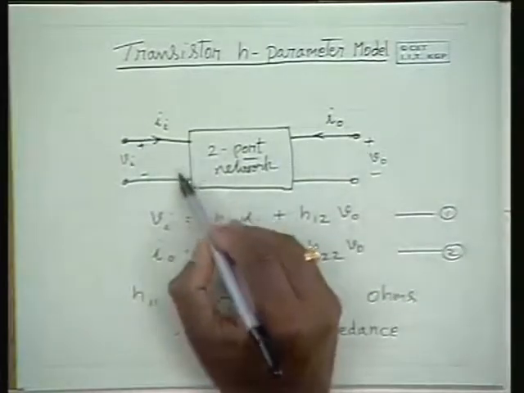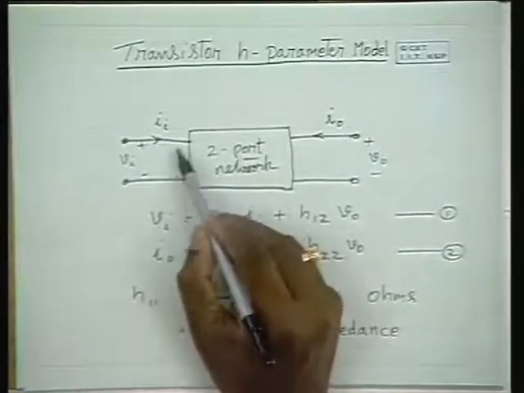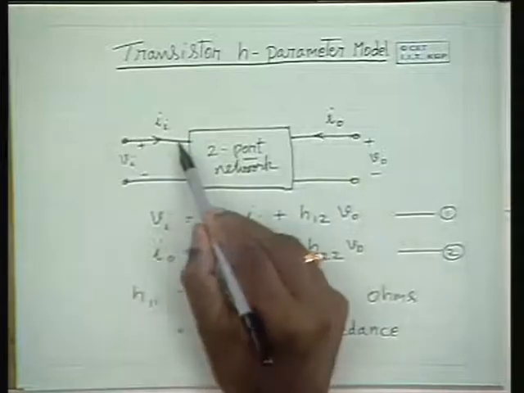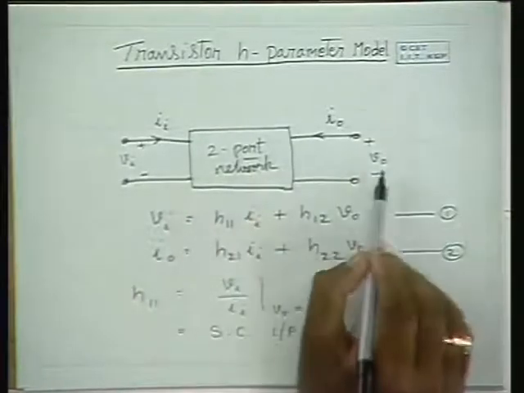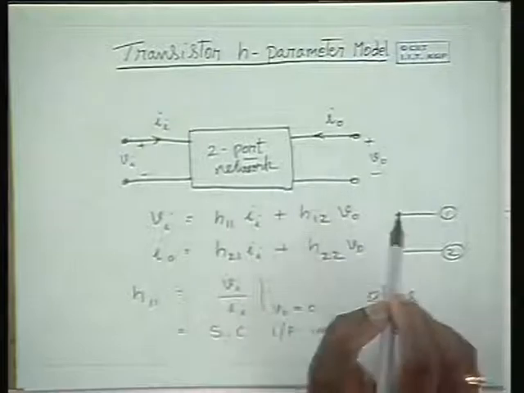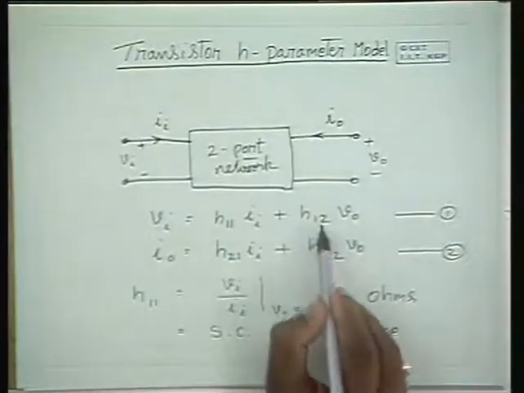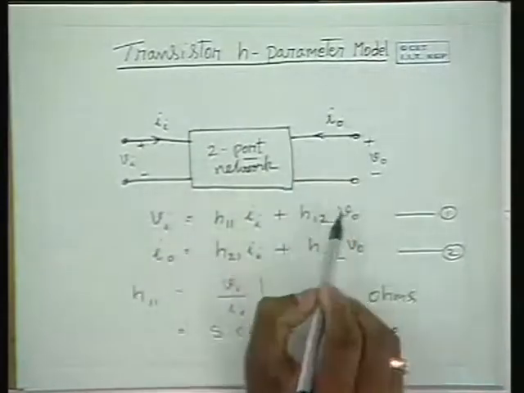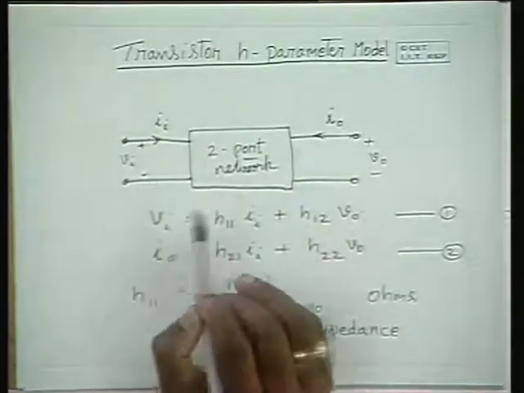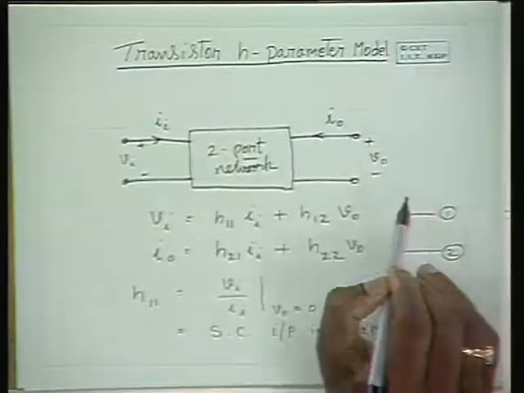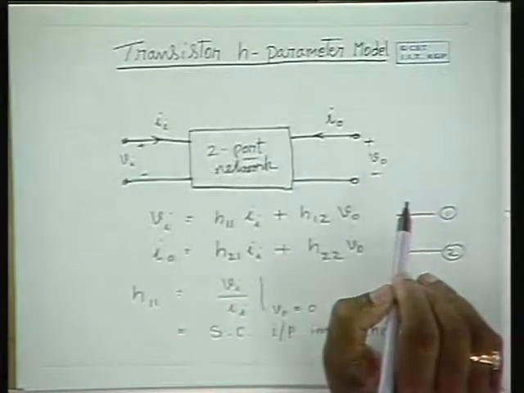So whatever input voltage appears at the open circuited input, the ratio of that voltage to this voltage gives you H12. I repeat, H12 is Vi by V0 when the input is open circuited and when V0 is applied to the output circuit.